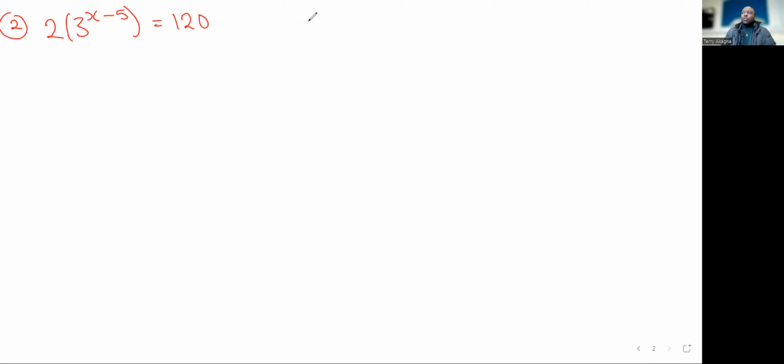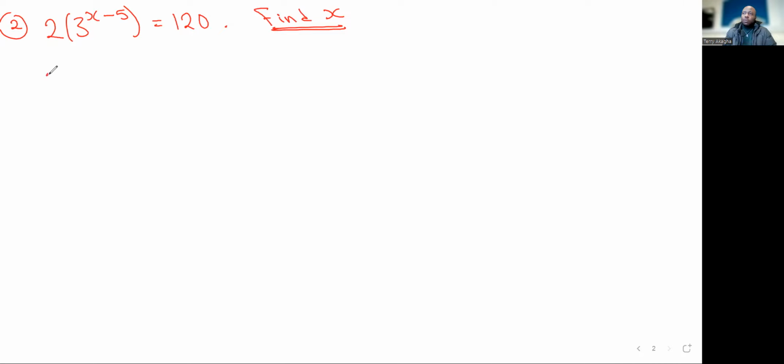Just to know, this question is that we are meant to find x. The question wants us to find x. So the first thing I'm going to do is divide by 2 because I want to apply law 14 and 5 here.